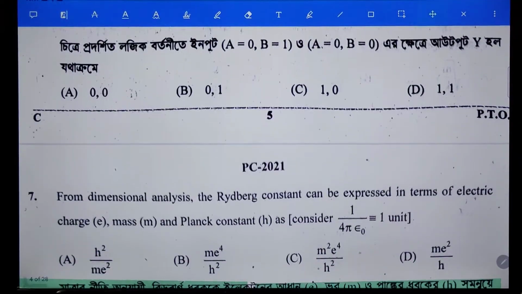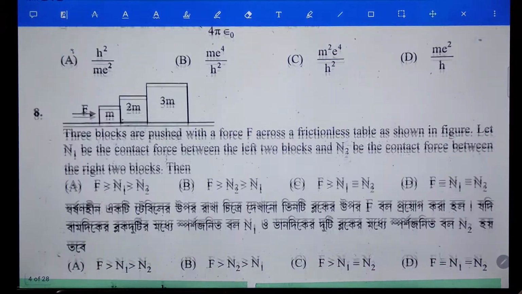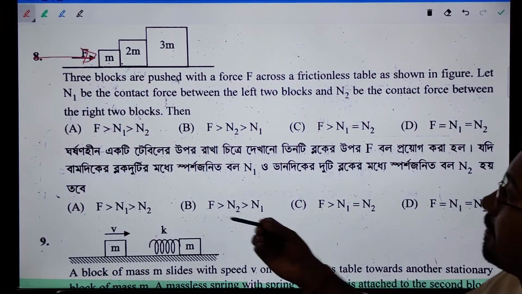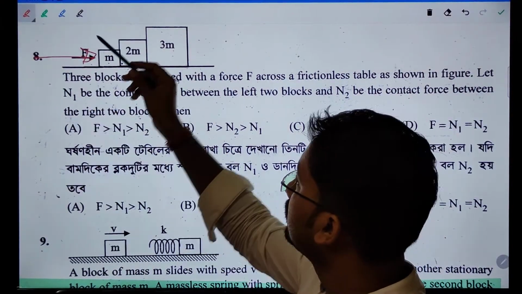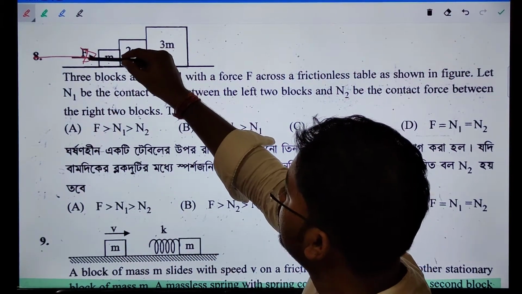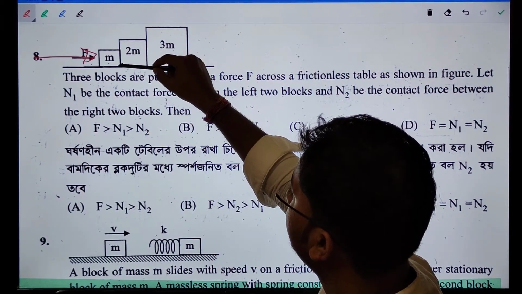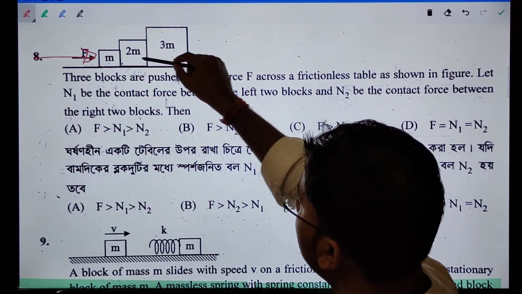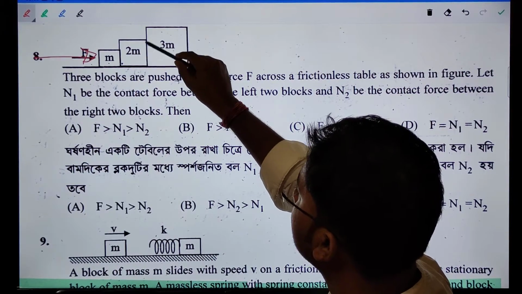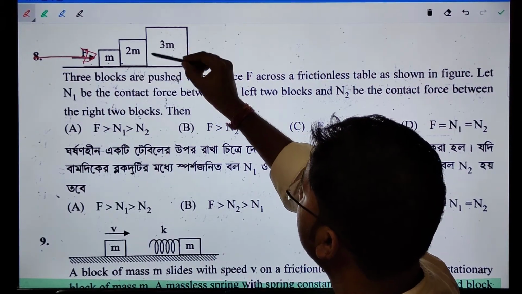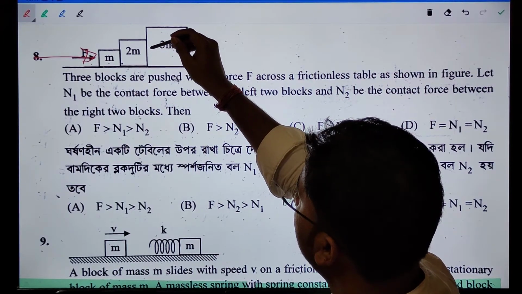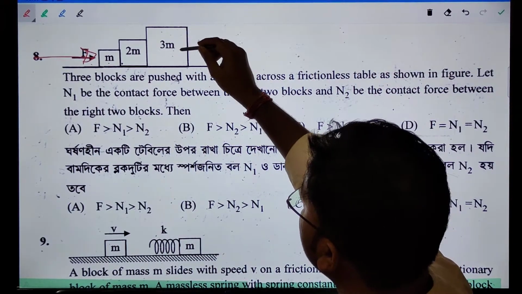Okay, let us move to the next question. In this question you can see a force has been applied over here. If you push force on the small mass, so in this contact what will happen, some part of this force will be applied over here, and this force will push these 2 mass bodies in the right direction, and some part of this force will be applied on this surface, and that will try to take this body in the right direction.